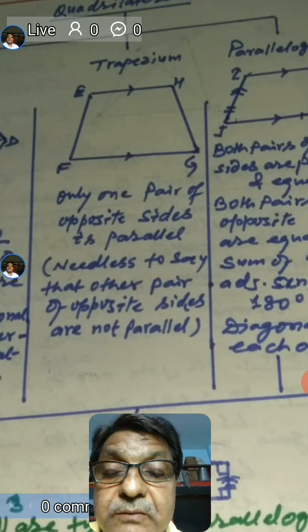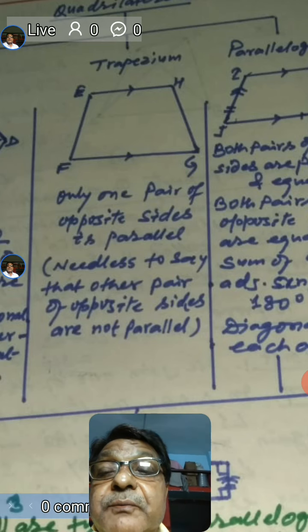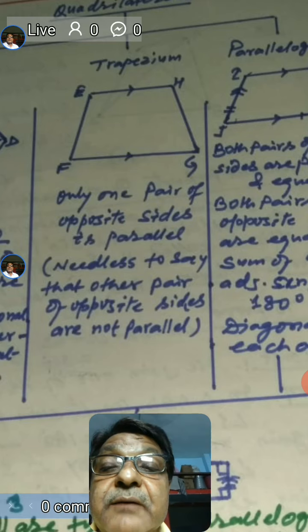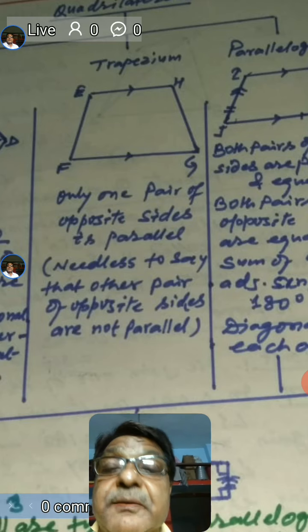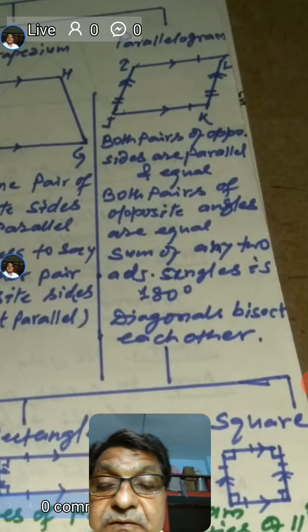So only one pair of opposite sides is parallel, another pair is not parallel, say EF and GH are not parallel. So such a quadrilateral is known as trapezium.